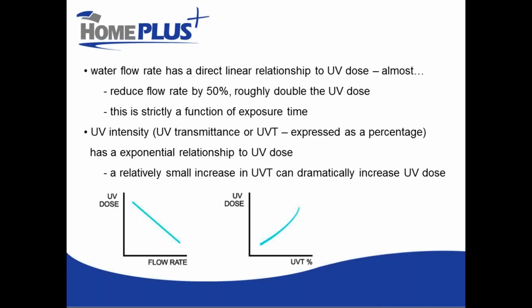We can influence the UV transmittance through our system to help maintain the best possible dose that we can. Flow rate is largely dictated by the demands of our system, although we can add things like flow restrictors to control flow rate and have an influence on our dosage as well.